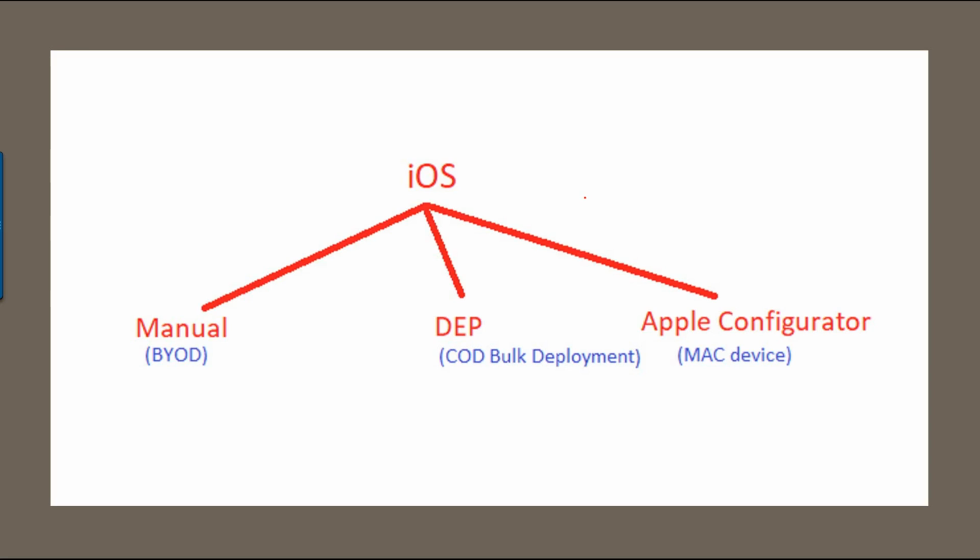So the iOS device needs to be attached via USB to the Mac device wherein the Apple Configurator is running. The last approach is not very widely used. I've rarely seen any organization making use of the Apple Configurator approach, but just know that this is one of the possible ways as well.